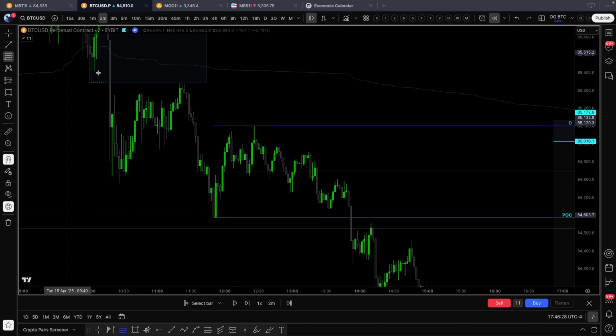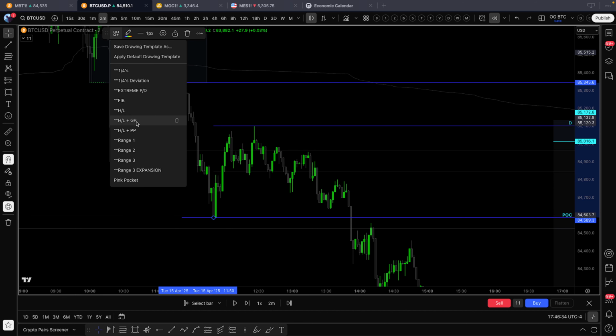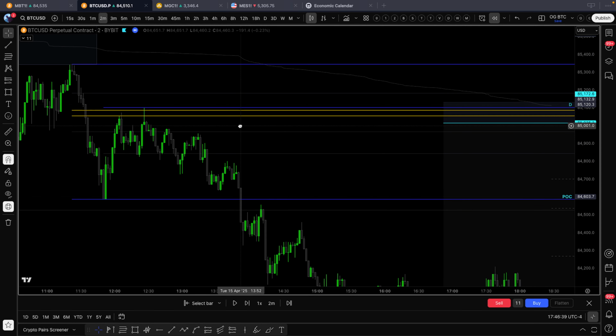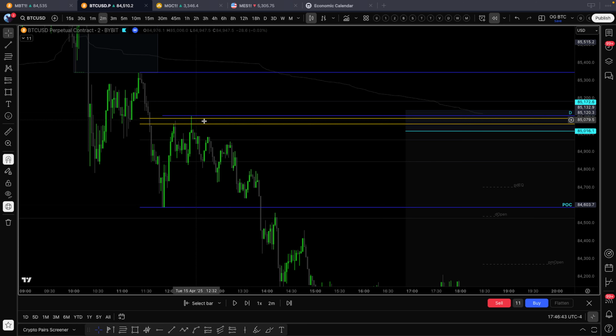So now I had this SFP of the range. Not only that, but we also had this come into our golden pocket. So I knew at that point, okay, now we hit the golden pocket. We SFP this high, as well as getting rejected from this daily level right here.